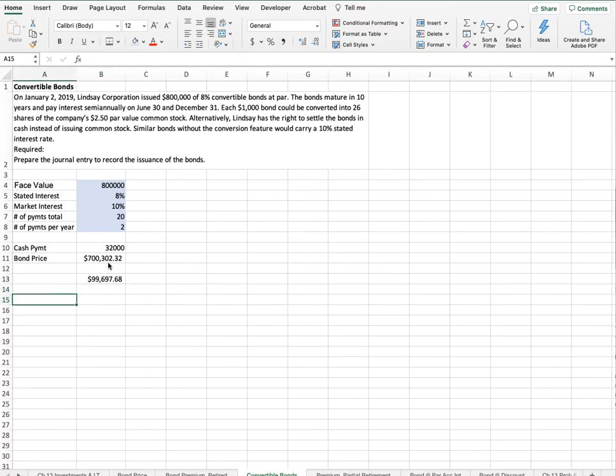So then in journal form, this would be a debit to cash, a debit to our discount on the bond payable, a credit to our bond payable, and a credit to our additional paid-in capital.